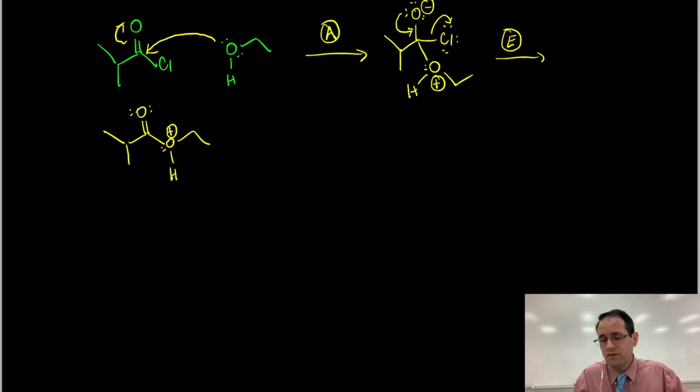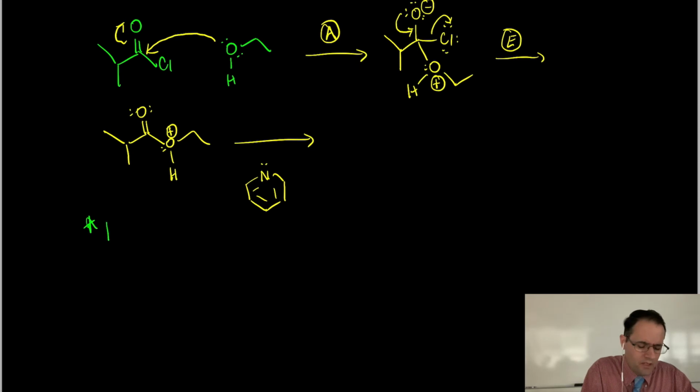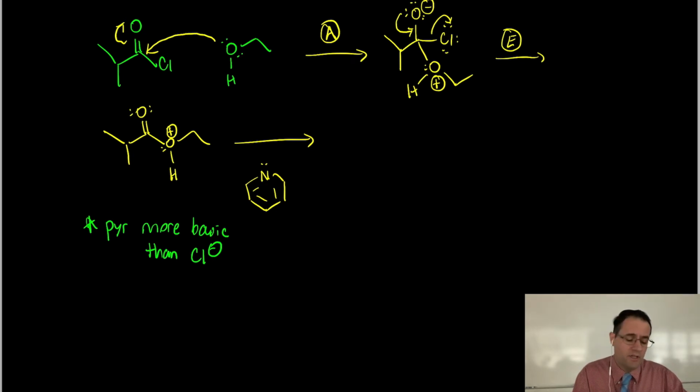And then here's where we want to use pyridine. Pyridine is the base. And you might make a note here for yourself. Wait, why don't I use chloride? Pyridine is the base, right? Pyridine is more basic. Probably pyridine does the deprotonating here first, okay?